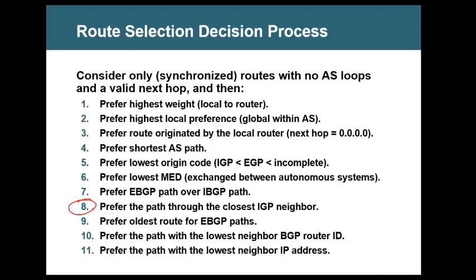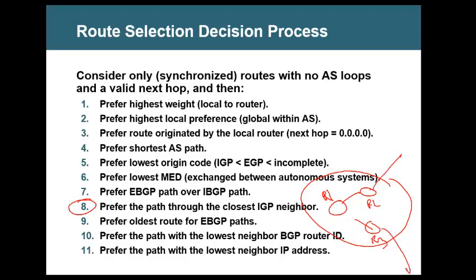You see, for router 1, you can go via router 2, you can go via router 3. This point prefers the eBGP path over IBGP, but for R1 there is no eBGP. Both are IBGP.